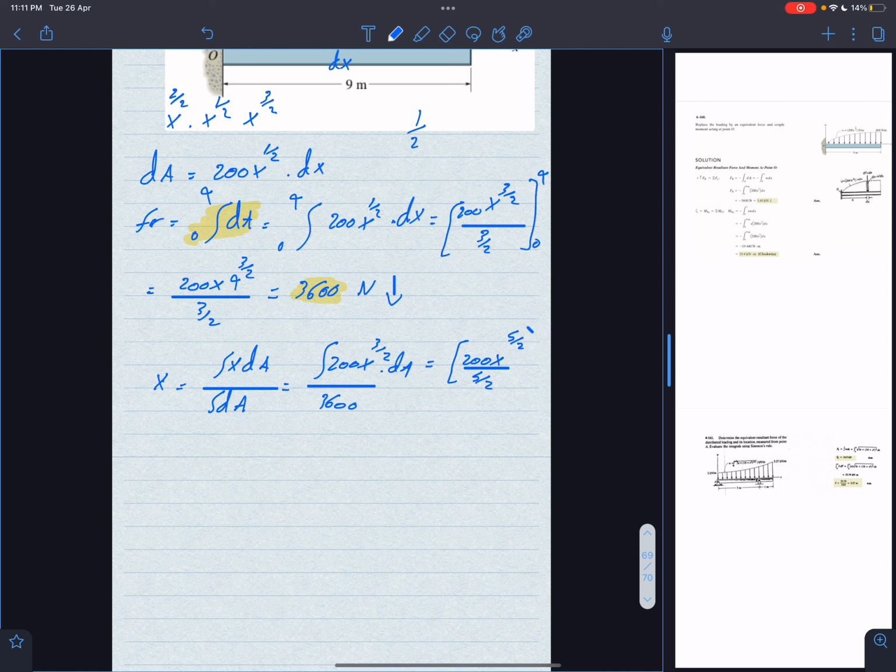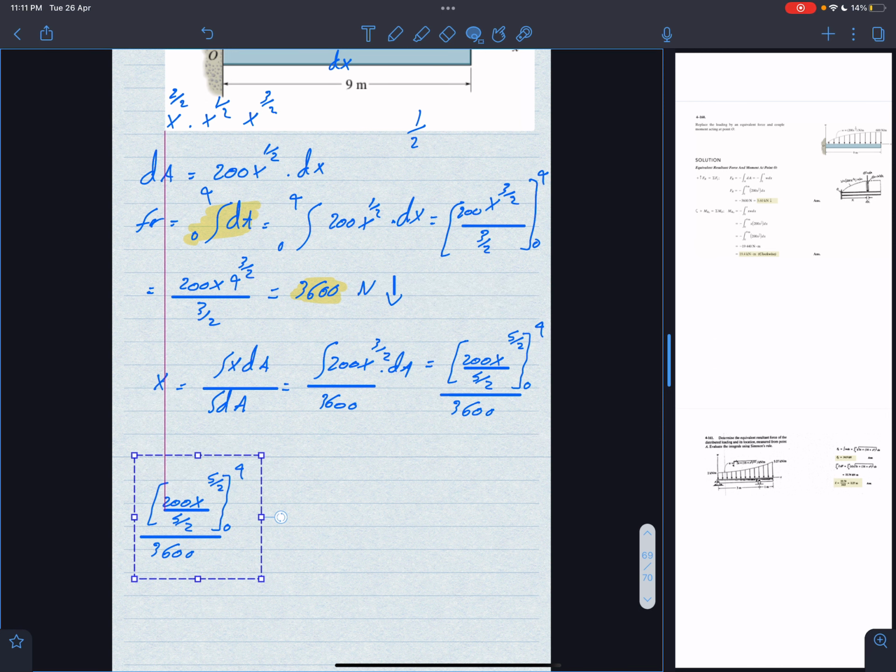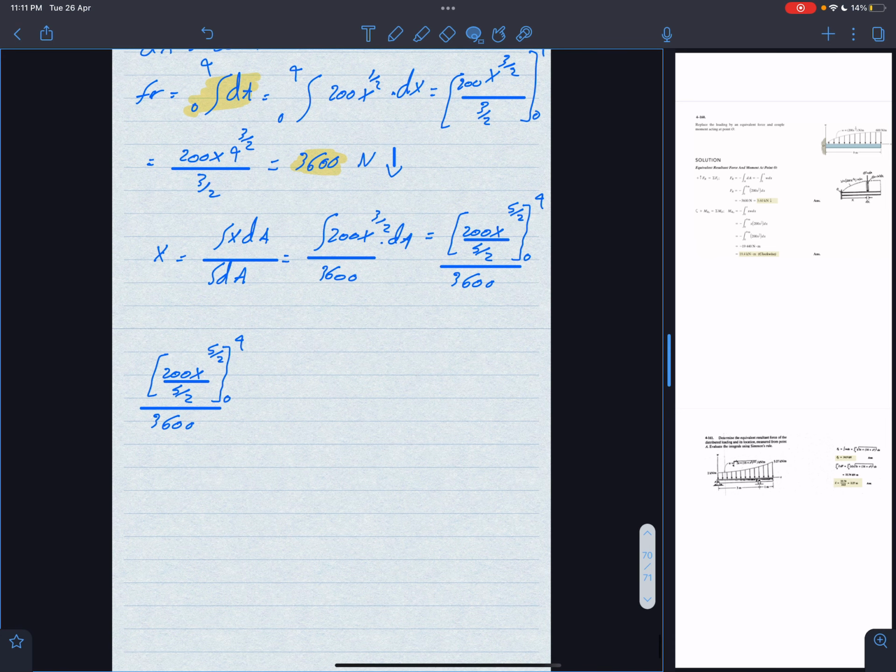يلا نسكر البراكت مالنا. شوية ضيجة هني, بس I think we can do it. من 0 إلى 9. Divide the whole thing by 3,600. Now all I need to do is come, and instead of x, I'm just gonna add 9. And I'm gonna put it in the calculator, so times 9.